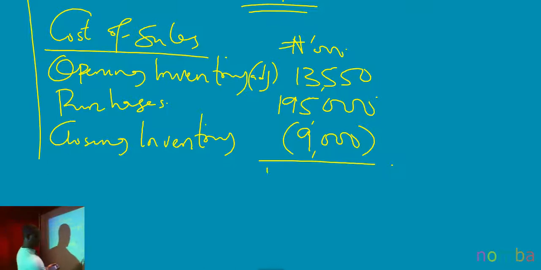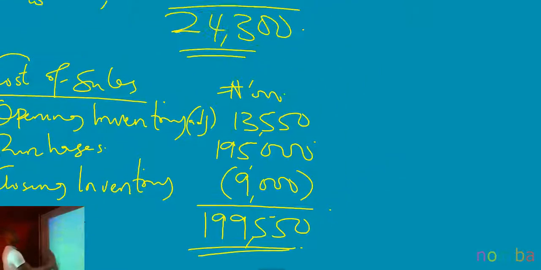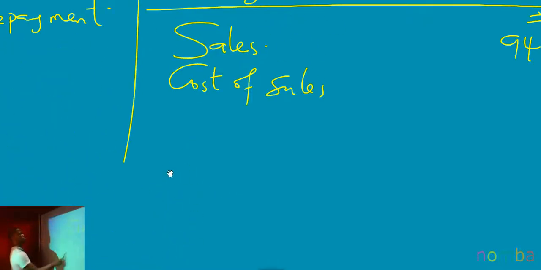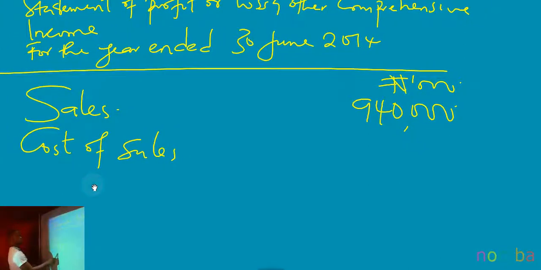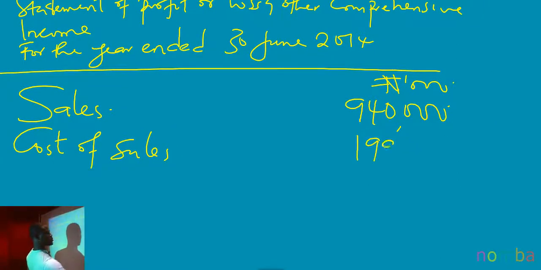So that gives me 199,550. And that's my cost of sales, 199,550.